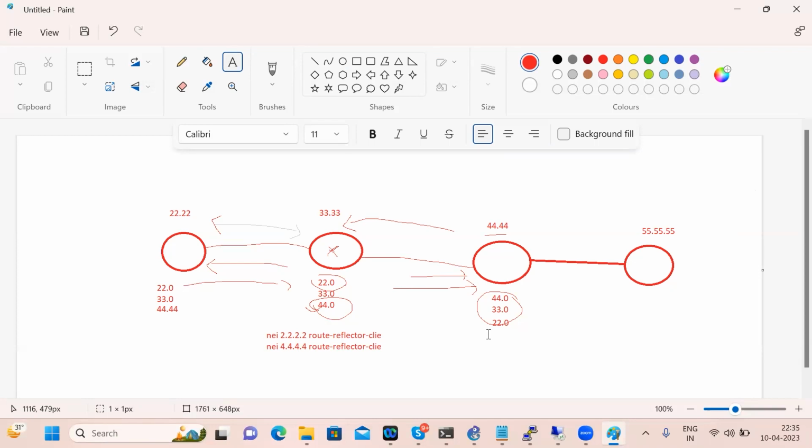For router 5: neighbor 5.5.5.5, whatever the neighbor ID is, route reflector client. And router 3 also: neighbor 3.3.3.3, route reflector client. So for all the neighboring routers, for all the directly connected routers.